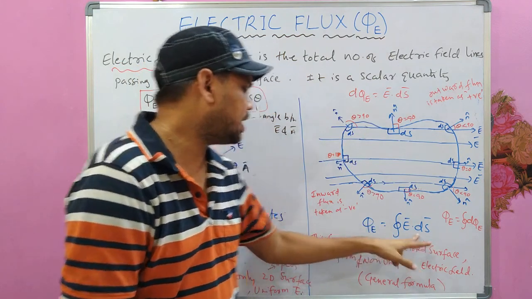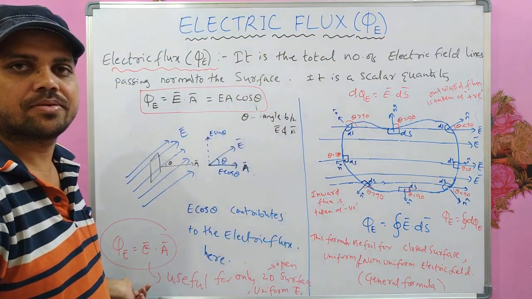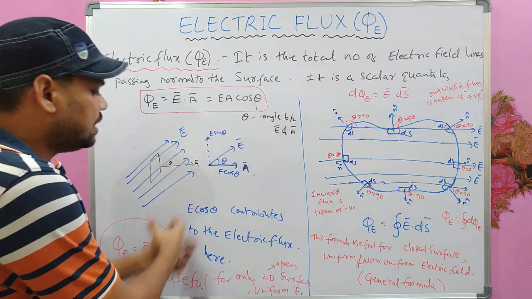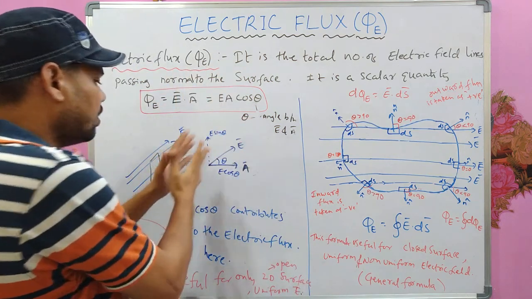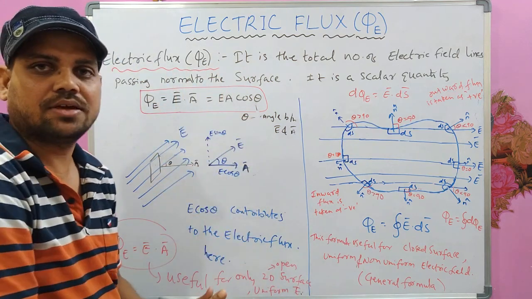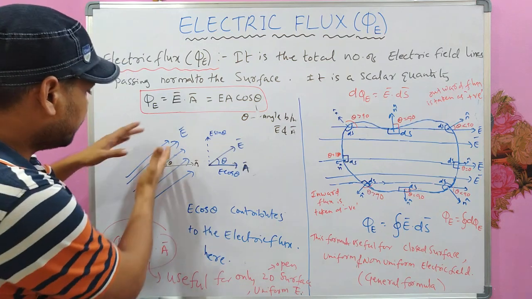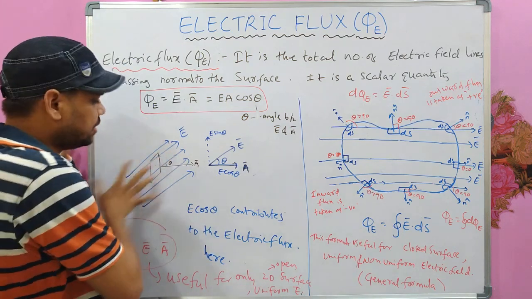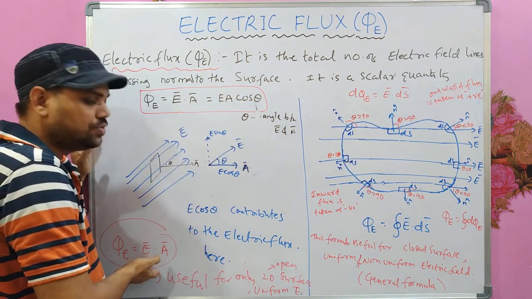So this is a more general formula than this. Whereas A here is the area of one 2D surface or open surface, where the area is not changing, or if E is fixed, a uniform electric field, then it is useful.